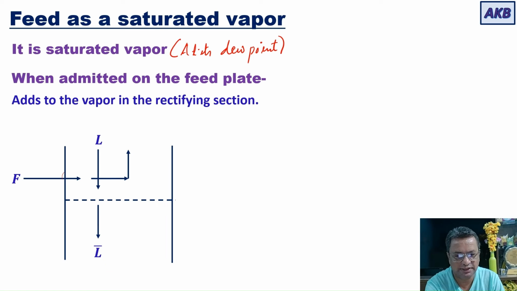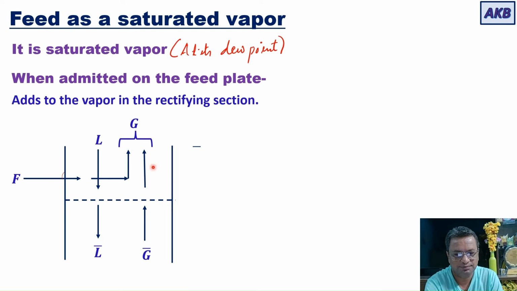So in this case, you can easily understand nothing is happening with the liquid. Whereas the saturated vapor from the feed will add to the vapor coming from the stripping section with a molar flow rate of G bar, to give G, the molar flow rate of vapor in the rectifying section.